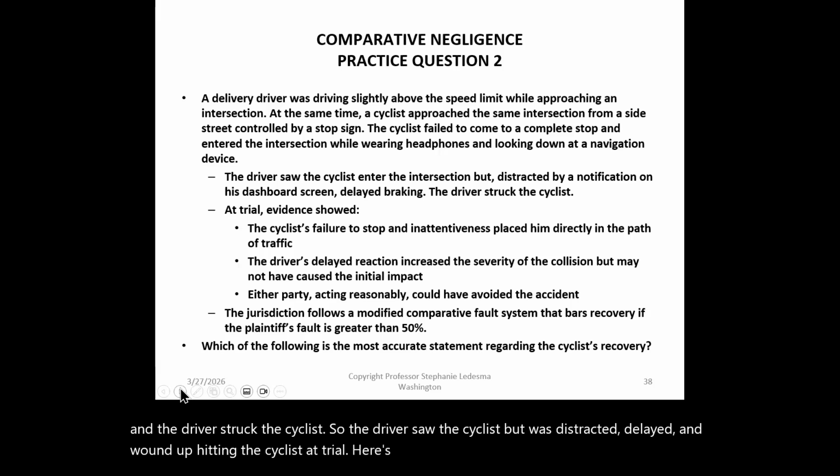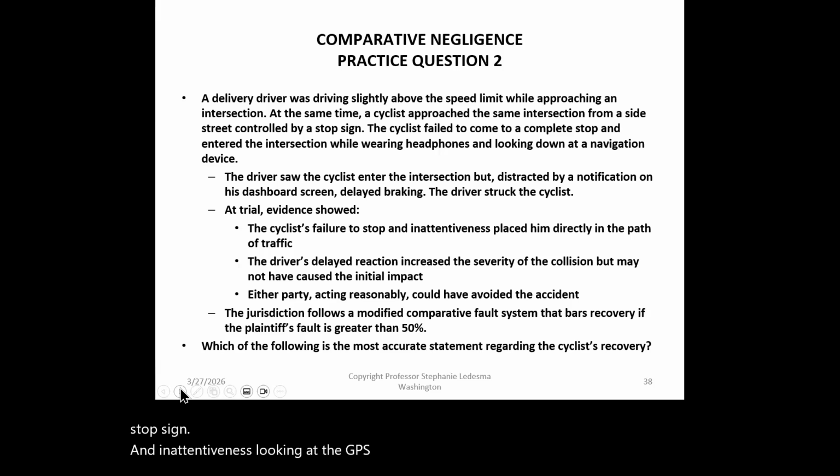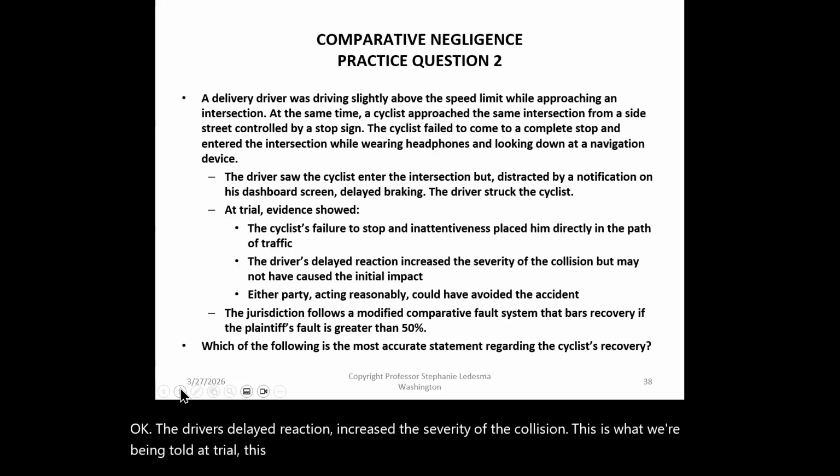The cyclist's failure to stop at the stop sign and inattentiveness, looking at the GPS with the headphones on, placed him directly in the path of traffic. The driver's delayed reaction increased the severity of the collision. This is what we are learning at trial.